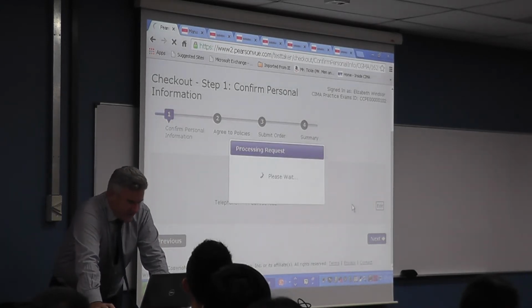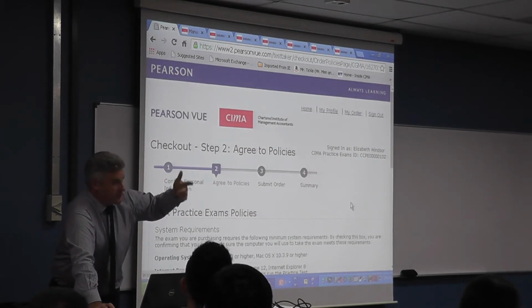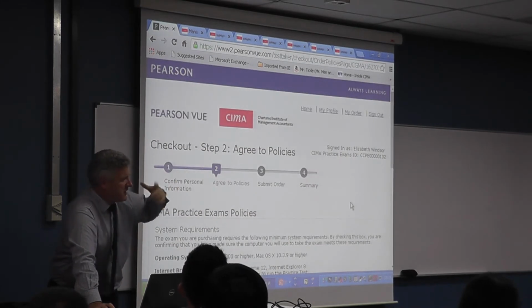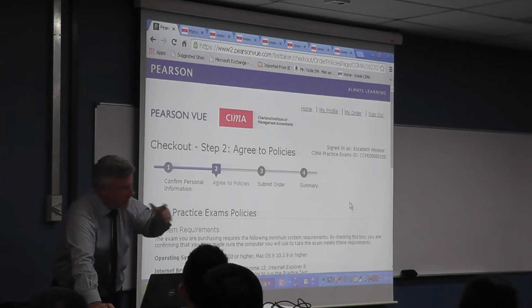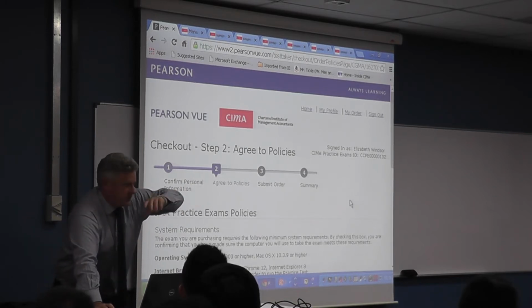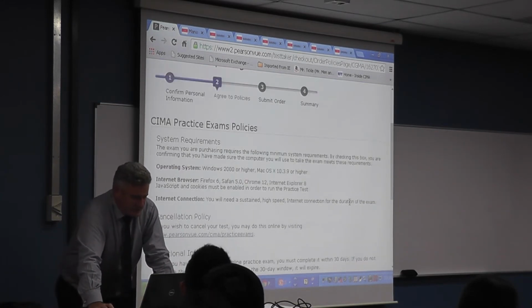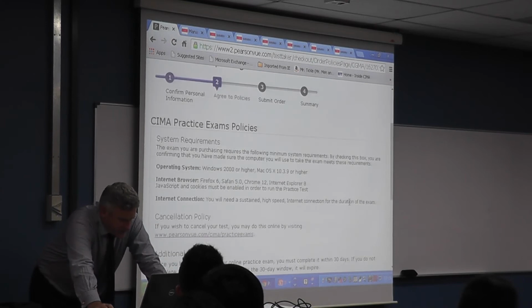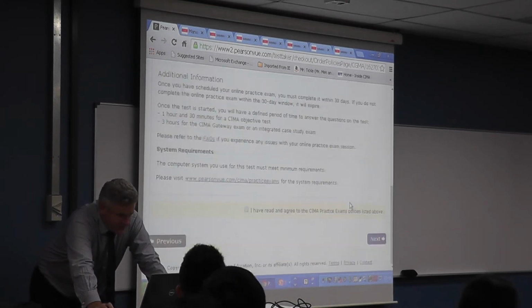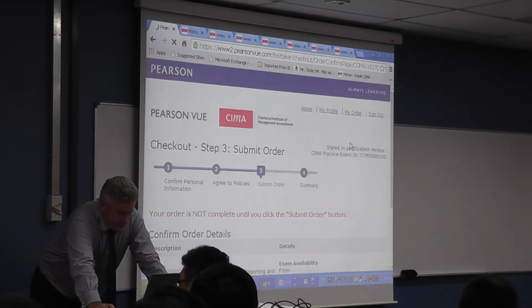When you're creating your registration, I think it talks about a CIMA registration number as well, and that is not your CIMA ID that you've got as the numbers hyphen number. It's completely independent there. Cancellation policy doesn't matter. I agree to the CIMA practice exam policies listed above. Don't think I've ever read them.